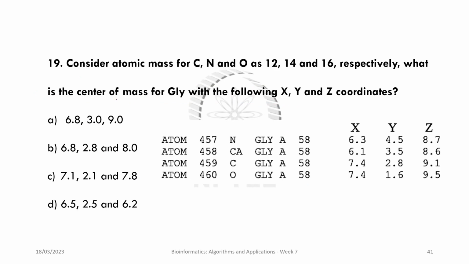Question 19. Consider atomic mass for C, N, and O as 12, 14, and 16 respectively. What is the center of mass for glycine with the following X, Y, and Z coordinates? Option A 6.8, 3.0, 9.0, B 6.8, 2.8, and 8.0, C 7.1, 2.1, and 7.8, D 6.5, 2.5, and 6.2. Vijayanta says A. Any other answers?